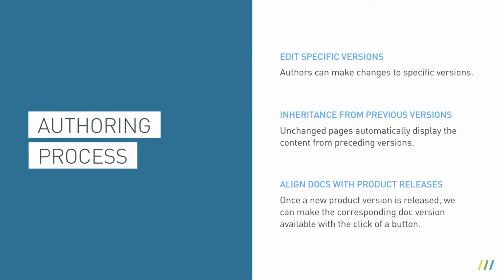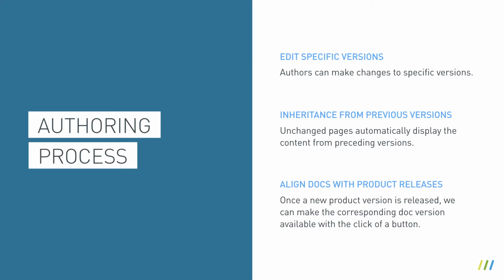So the authoring process we have in place looks like that. Once we plan a new product version, we create a new version in Confluence. Our authors work in that version, make the changes, and update the documentation.